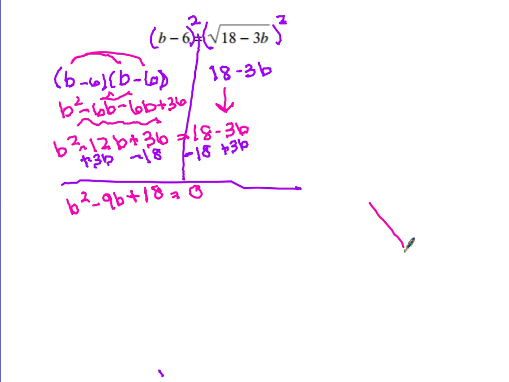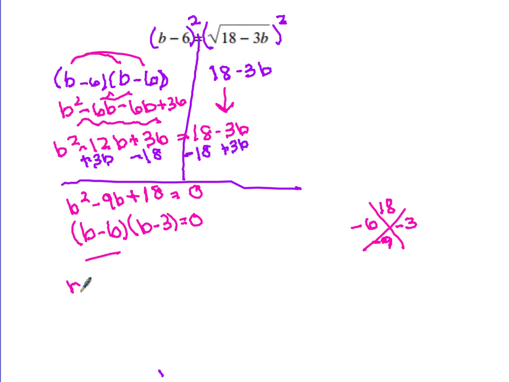I've got to find something that multiplies to give me 18 and adds to give me negative 9. And that would be a negative 6 and a negative 3. So I get b minus 6 and b minus 3 equals 0. So my next step is to set each thing equal to 0.